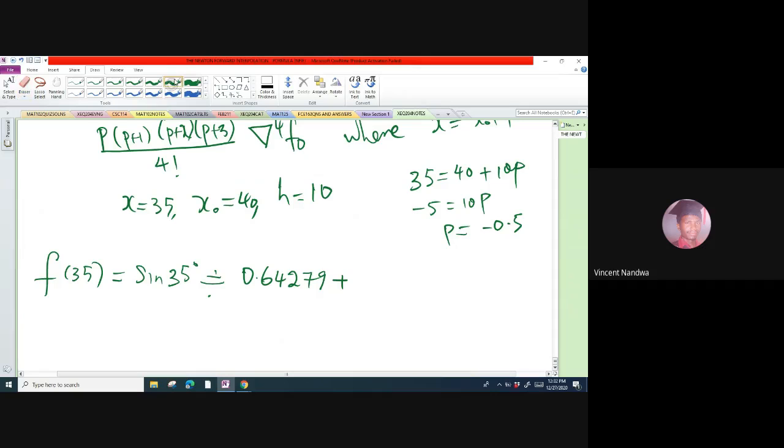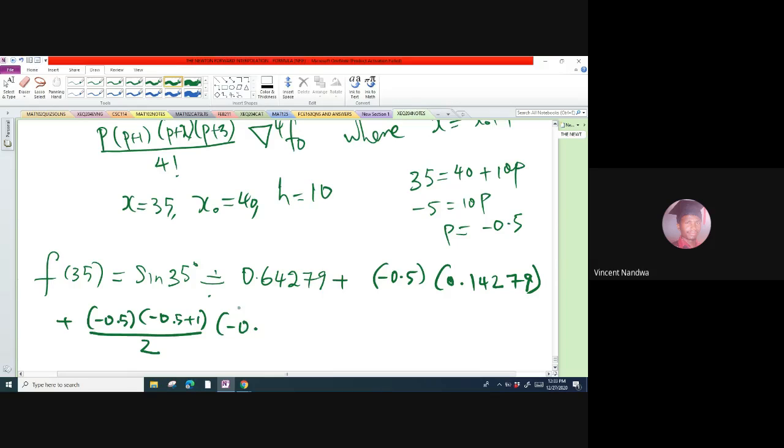So given by negative 0.5 times 0.14279, plus minus 0.5 into minus 0.5 plus 1 over 2 factorial, just the same as 2, negative 0.519.